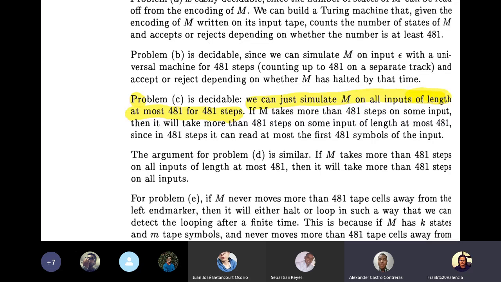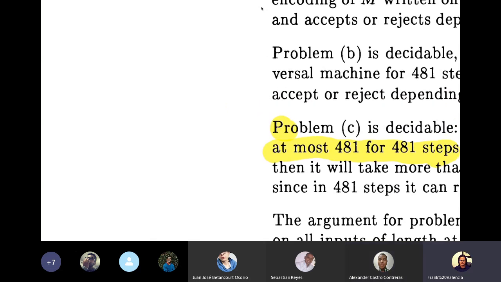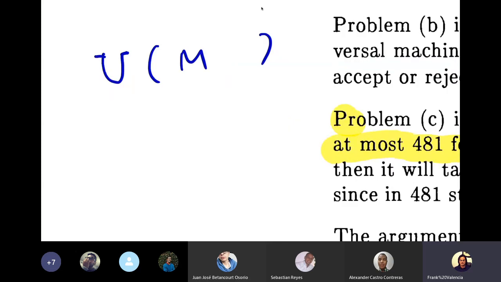No. This is not what it does. You take the machine, the universal machine. This M, and the first thing it does is the following. If you want, I can write the code.